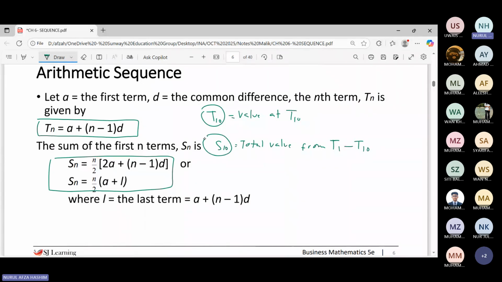You add all, the sum, starting from the first value. The meaning first, the formula I will explain later. Remember the meaning.